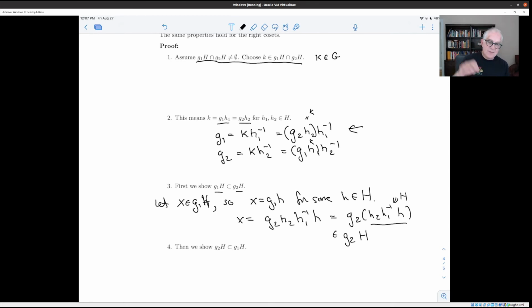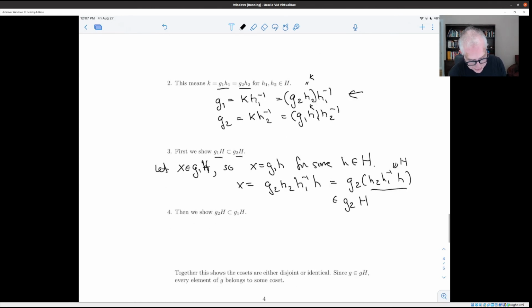And if X is of the form G2 times an element of H, it belongs to G2H. And now we can go in the other direction.